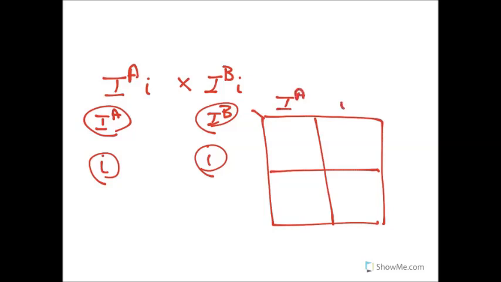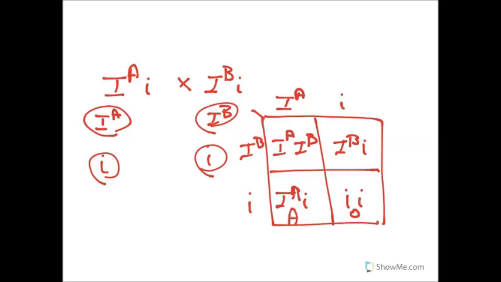We would have this, and we would end up with somebody with AB blood here. We would have somebody with B blood here, somebody with A blood here, and somebody with type O. So we would have A, B, AB, and O, where each one has a 25% chance of occurring.